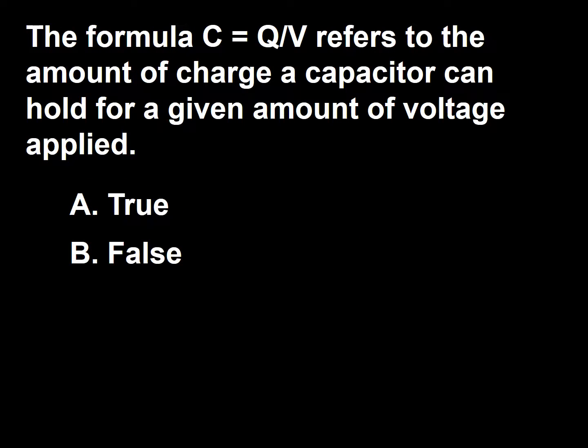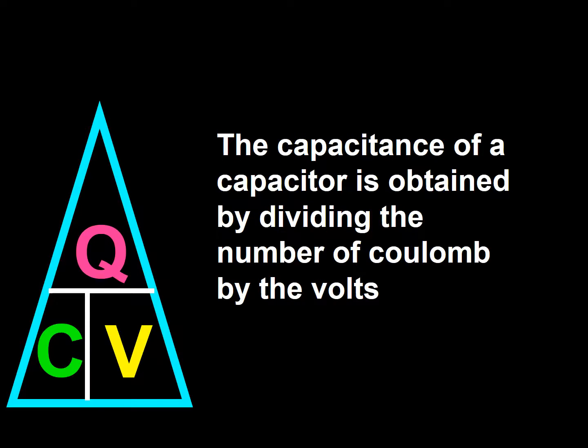Next question. The formula C equals Q divided by V refers to the amount of charge a capacitor can hold for a given amount of voltage applied. A. True. B. False. The formula just expressed in this question can be placed in a triangle for manipulation, as I have done in this frame.